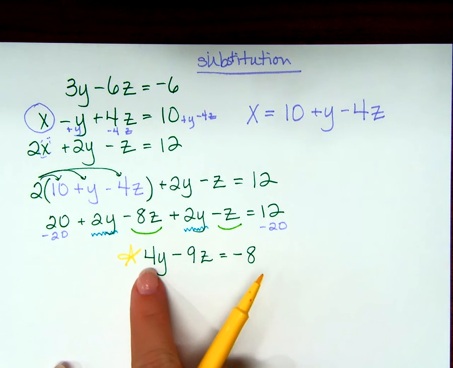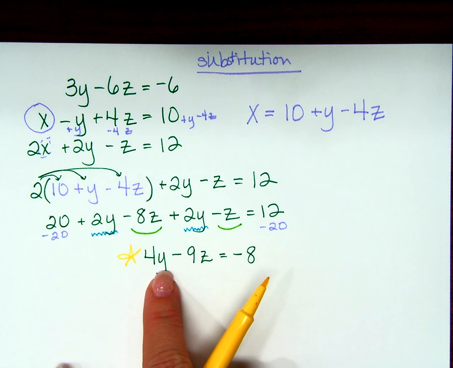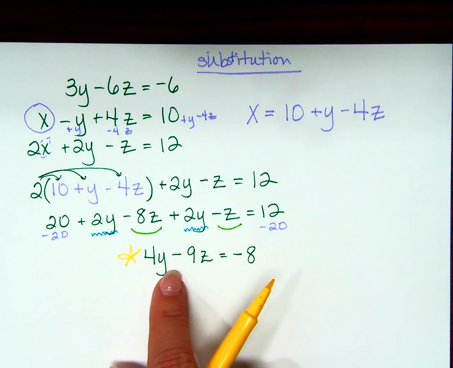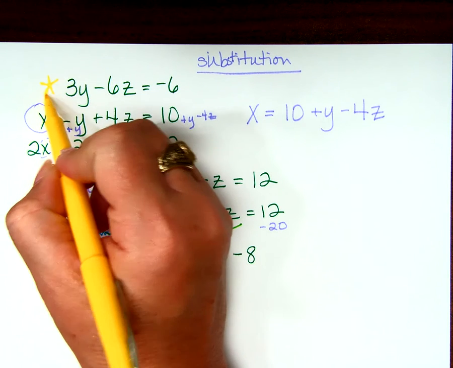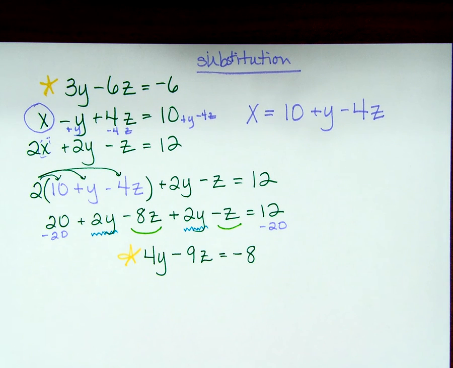If I have one equation with y and z, what do I need? I need another equation with y and z. Oh my goodness. I have one, right? Well, since we're solving by substitution, I need to solve for a variable.